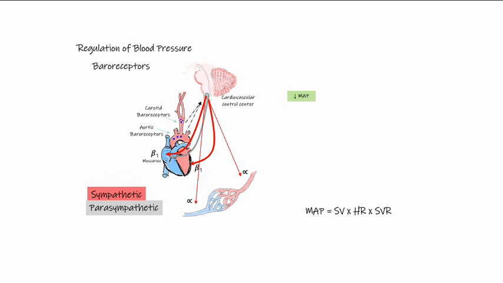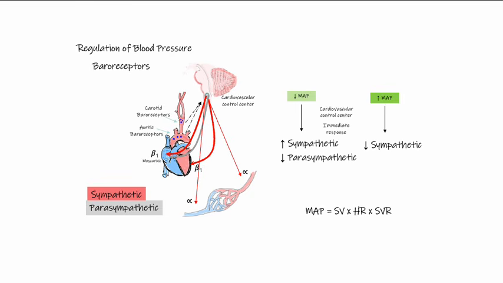So if we have a drop in mean arterial pressure, which is picked up by the baroreceptors, a signal will then be sent to the cardiovascular control center, and the cardiovascular control center is going to give an immediate response, and its response is going to be to increase sympathetic activity and decrease parasympathetic activity. If we have an increase in mean arterial pressure, the cardiovascular control center is going to do the opposite. It's going to decrease sympathetic activity and increase parasympathetic activity.